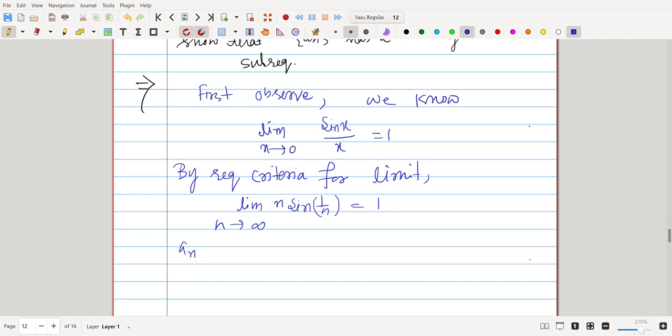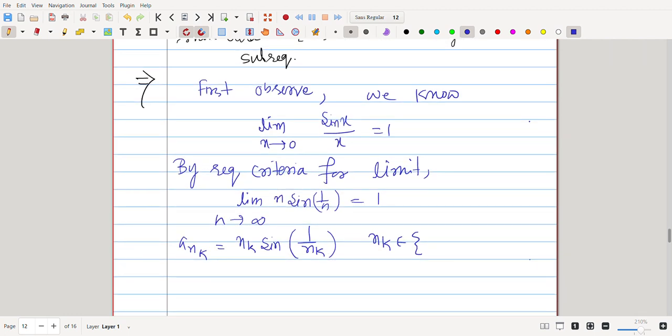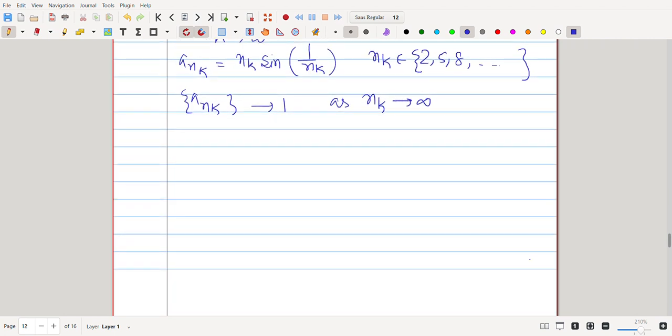Now let a_nk equal to nk sine 1 upon nk, where nk goes along this subsequence, say 2, 5, 8 and so on. Then a_nk also converges, and sine n is bounded by 1.